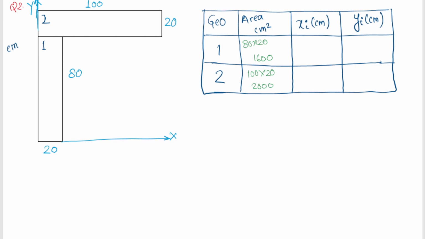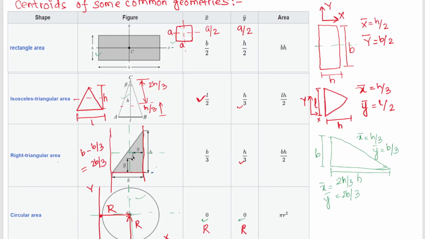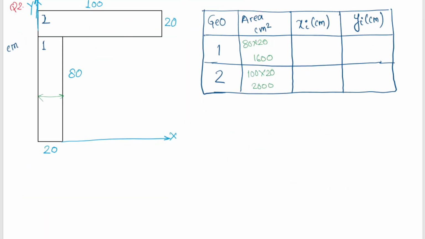So we see that this geometry is in contact with the left side of the reference axis, so the distance will be only half of what we have here. We have already seen this in previous videos. So just remember the formula and let's put the values here. So half of 20 is 20 by 2, that is 10.